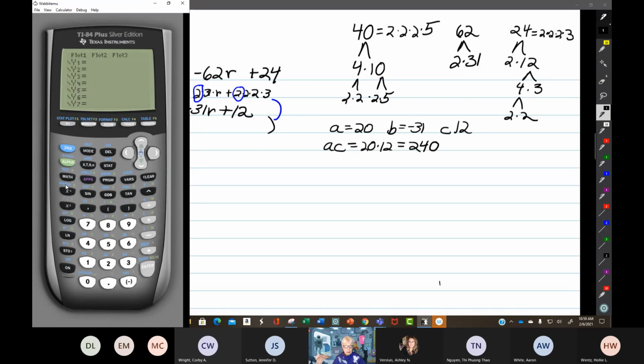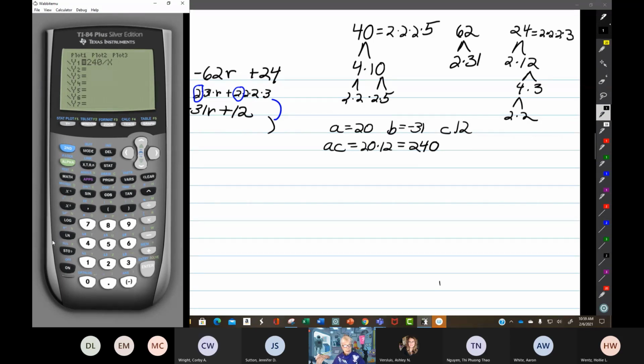You're not going to be graphing. We're stuck here with 240. Type 240 into y1, divided by, and put an X here.